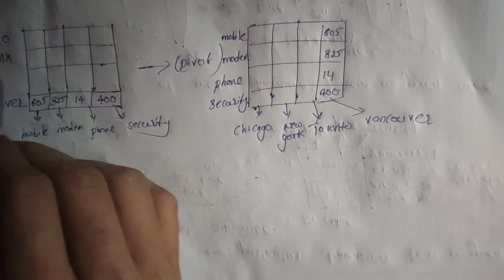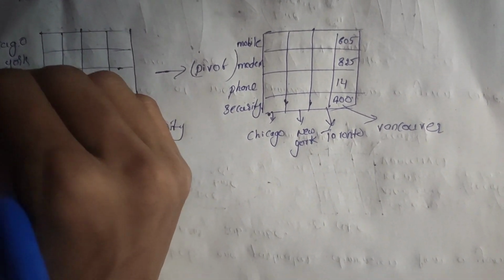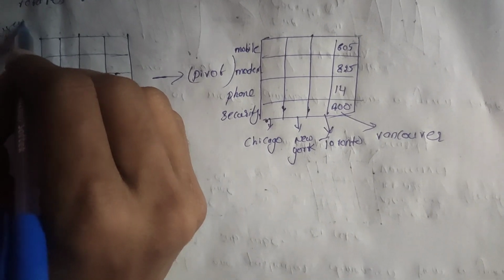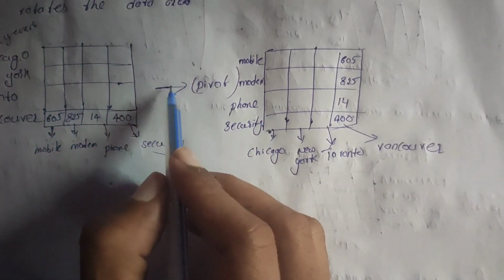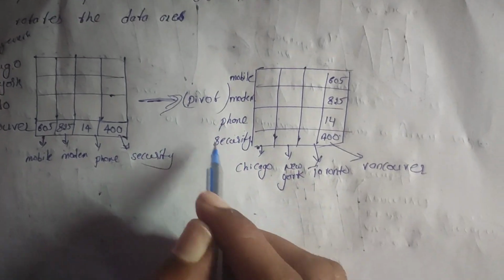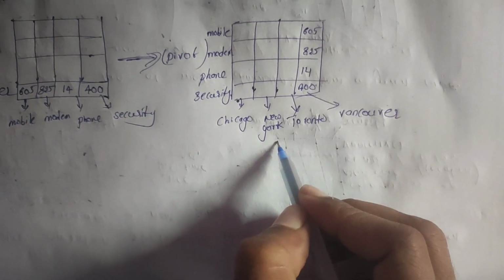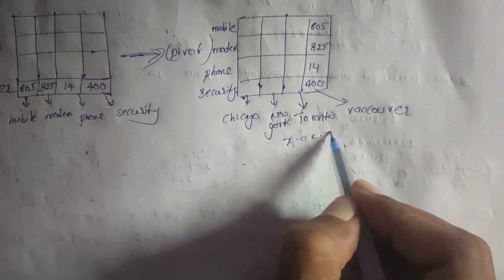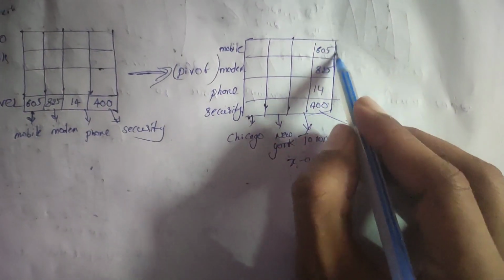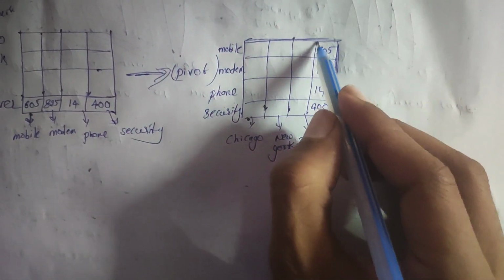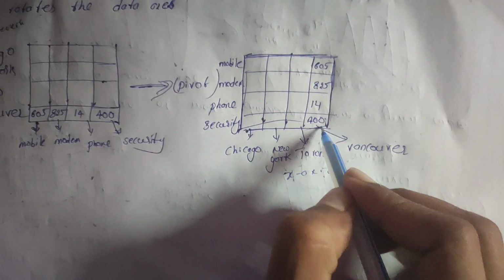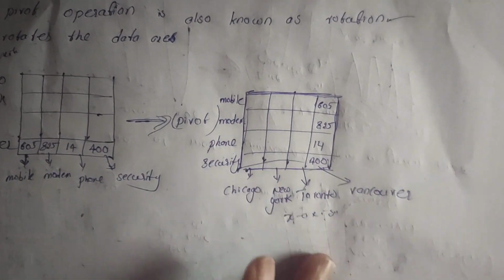Here Chicago, New York is the location, which we can take on the y-axis. When we perform the pivot operation, it converts to the x-axis, and the other axis is converted to the y-axis. It performs a rotation. That's all about operations on OLAP.